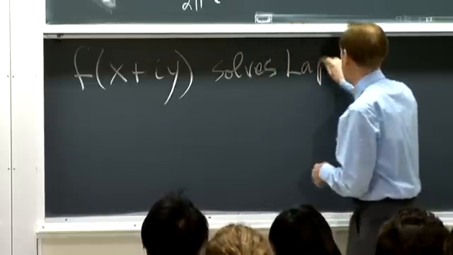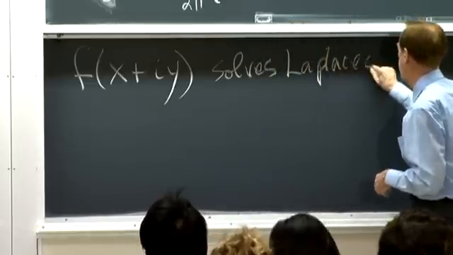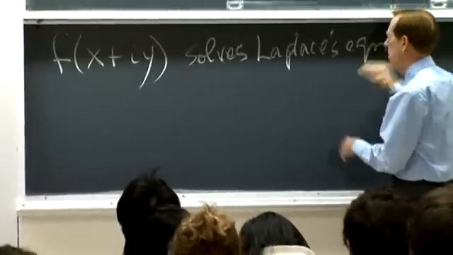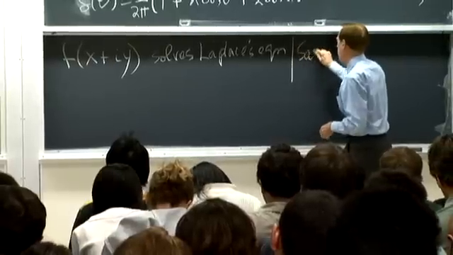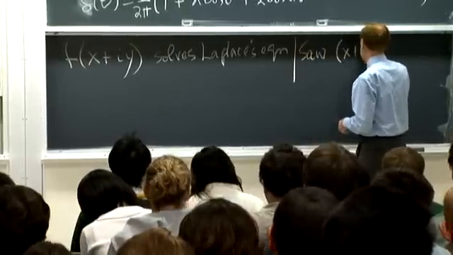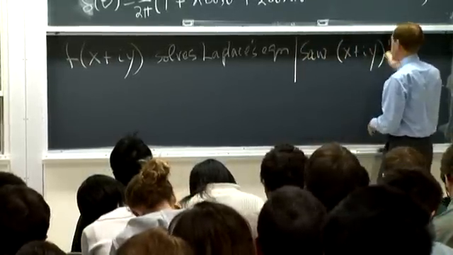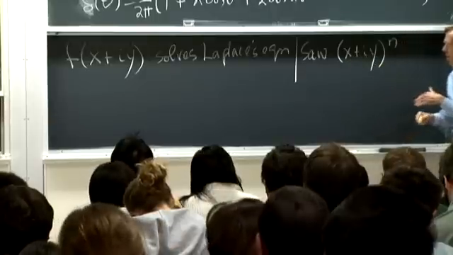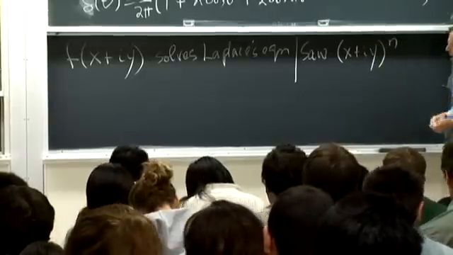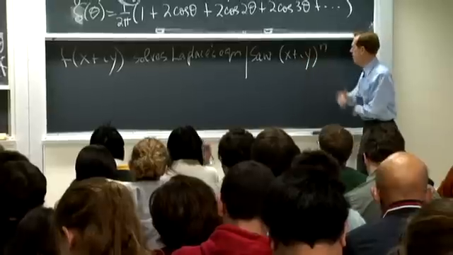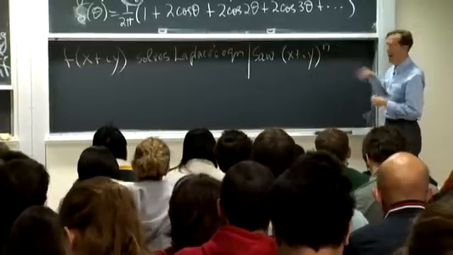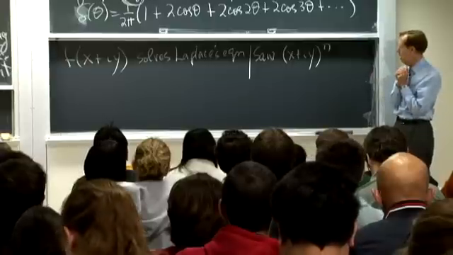Can we just see sort of very crudely why that is? We saw the pattern. We saw x plus iy to the nth. We went as far as n equals 3, checked it all out. But now, really, why does that solve Laplace's equation for any n?